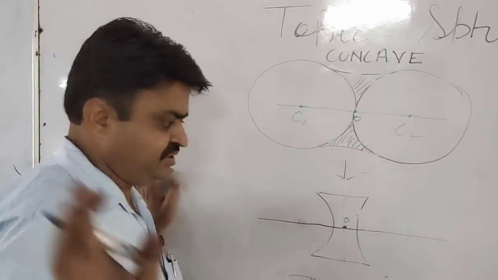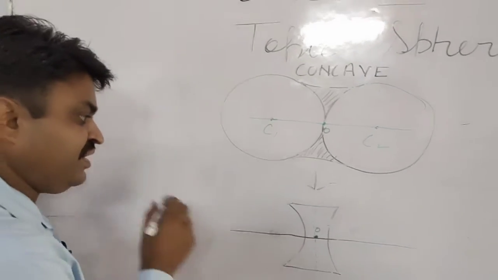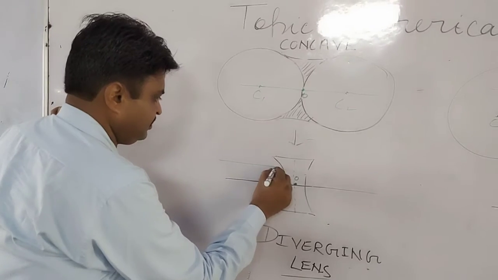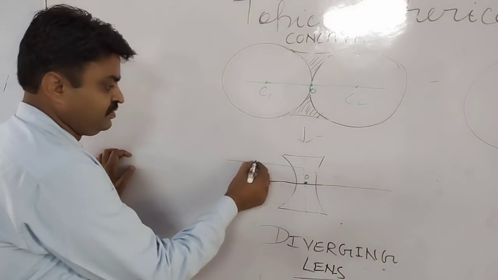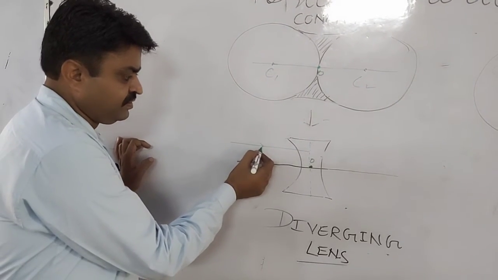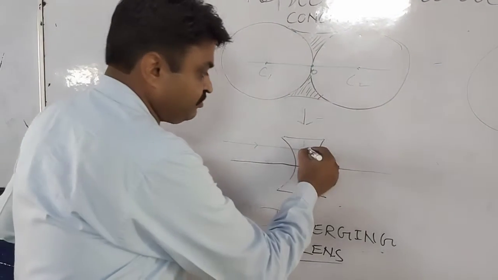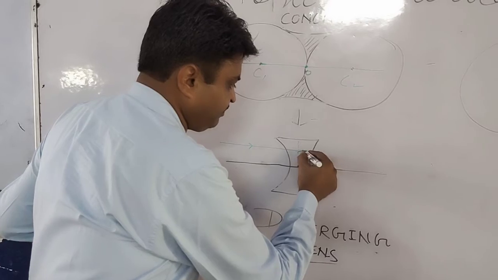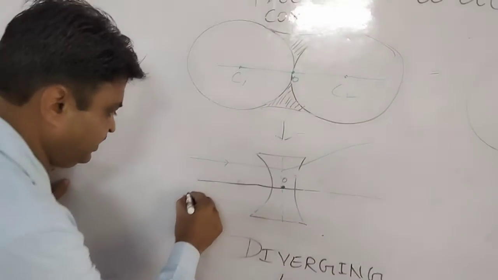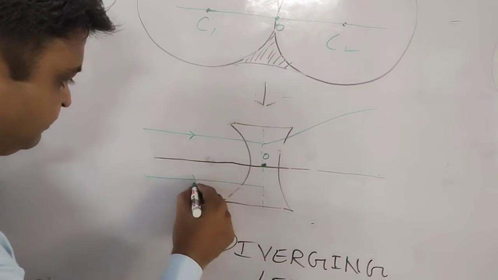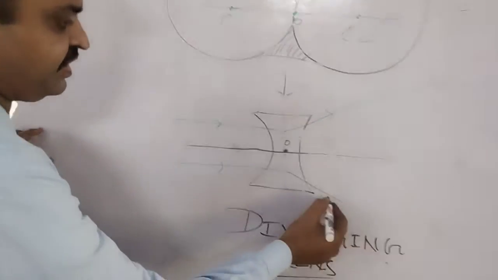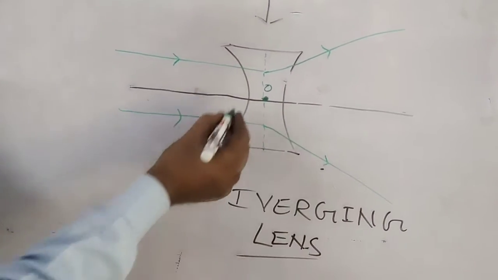Now the ray that falls on this, like this is the ray. This ray is known as the incident ray. Now these rays are refracted from here, like this. These are the refracted rays.